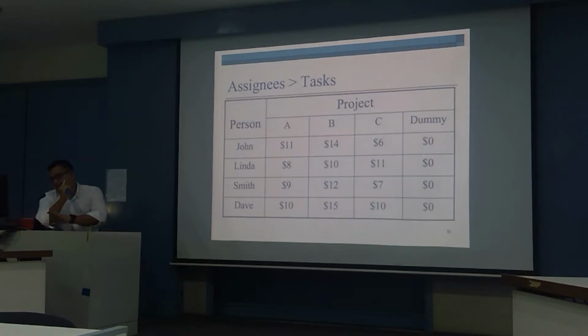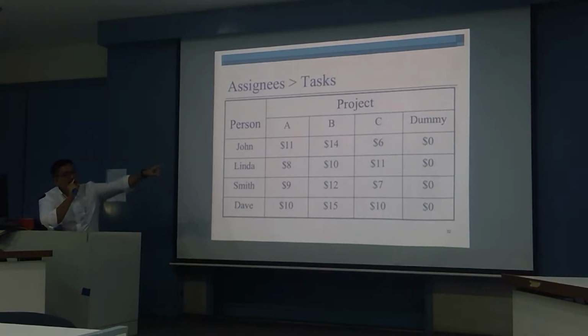For example, I have 4 persons here, John, Linda, Smith, and Dave, but I have only 3 projects, A, B, and C. So the number of projects and persons is not equal, and in order to solve it I need to make them equal. So I add one more project. It's called a dummy project, but actually the dummy project does not exist, so I use 0 as the cost for all. And then you do the same steps.